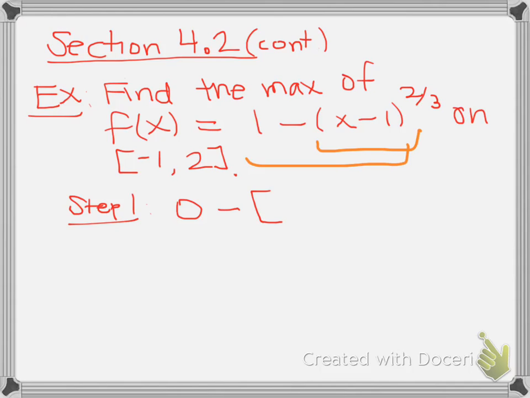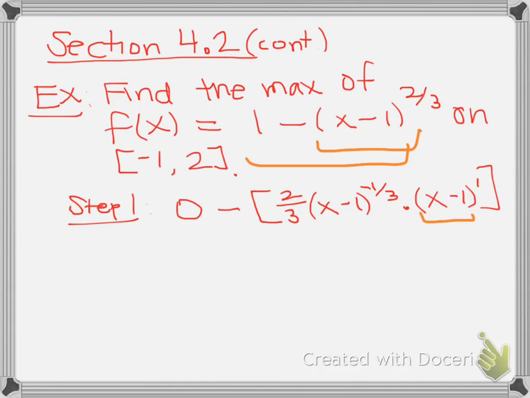Because there's 2 functions there, and we can use the power rule property for chain rules. So this will give us 2/3 times x minus 1 to the 2/3 minus 1, which is -1/3, times x minus 1's derivative, okay? But as we can see, this derivative is just going to be 1, all right?